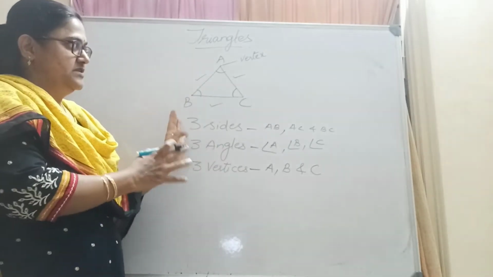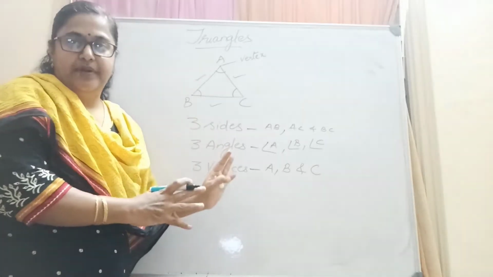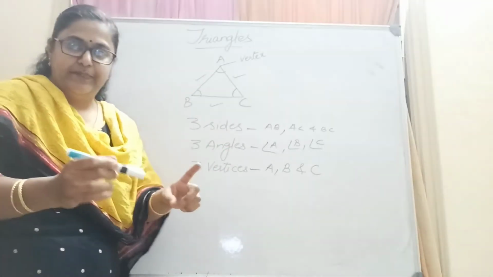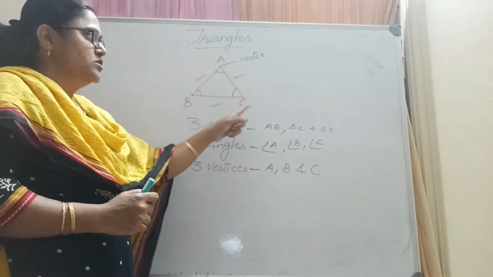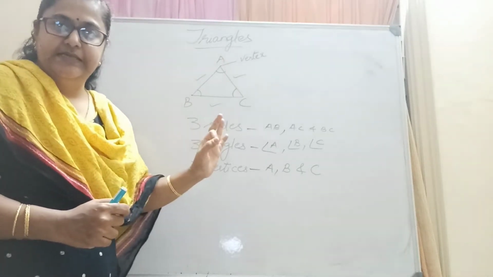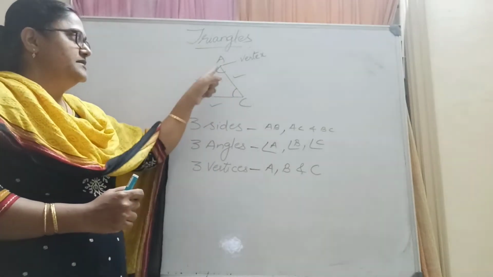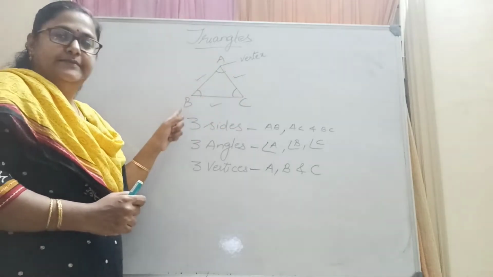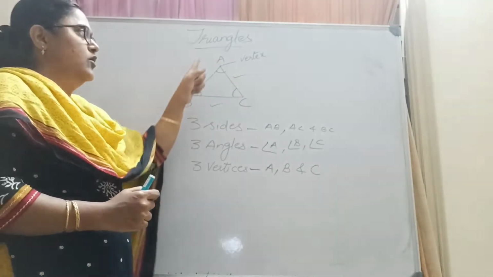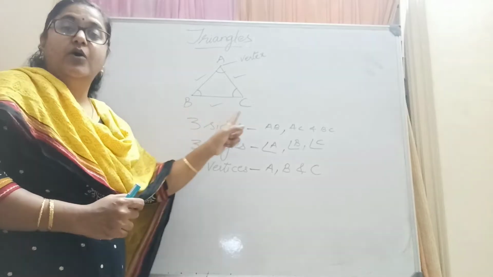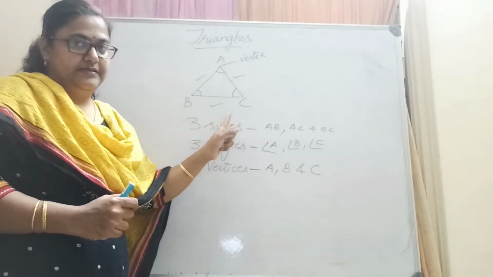So we just had a recap now. I repeat, a triangle is a closed figure which has got three sides, three angles and three vertices. And always the vertices are labeled with capital letters.